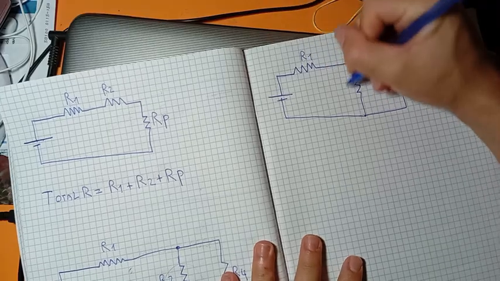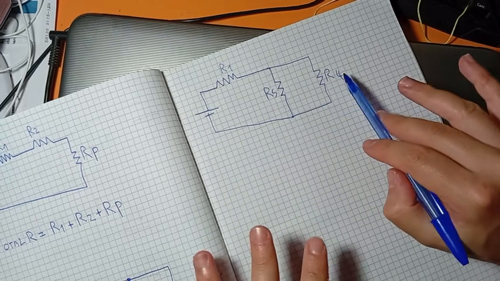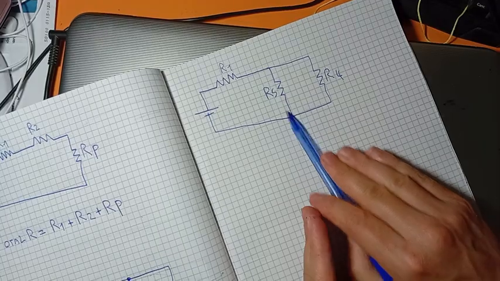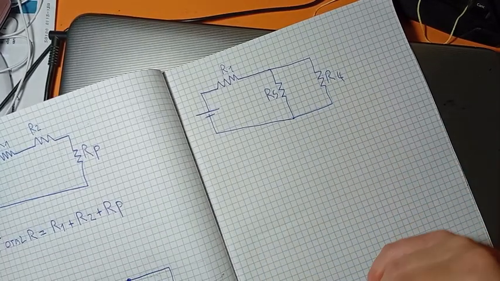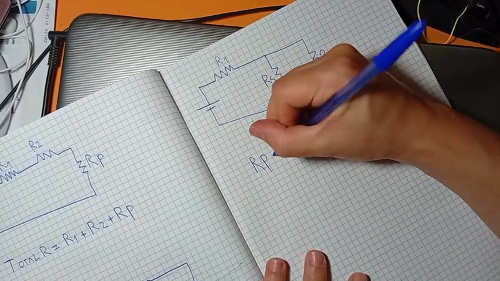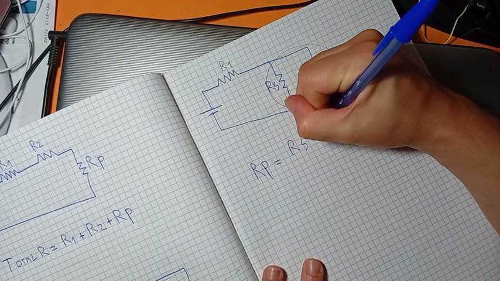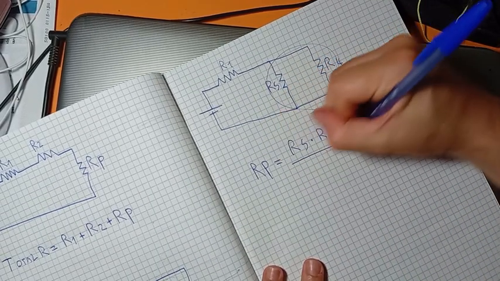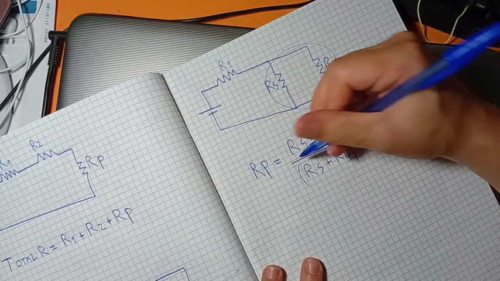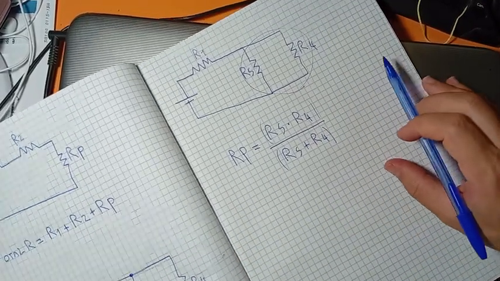So there is R1, RS, and R4, okay. And now I can calculate the parallel between this branch and this other branch, okay. So Rp, parallel resistance, will be RS multiplied by R4 divided by RS plus R4. Okay, I'll do this calculation here, and I'll calculate Rp, parallel resistance.